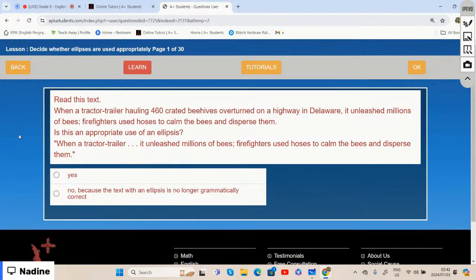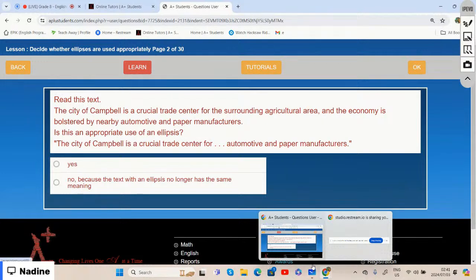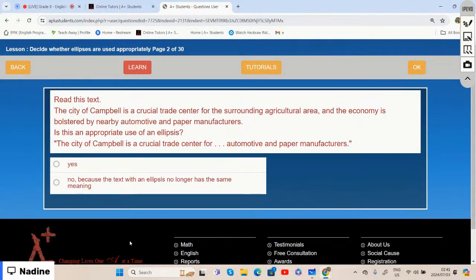All right, so then we can say, when a tractor trailer, it unleashed millions of bees. So we can say no, it is not grammatically correct. Look at the next one. It says, read the text.